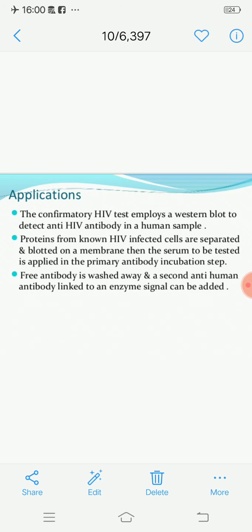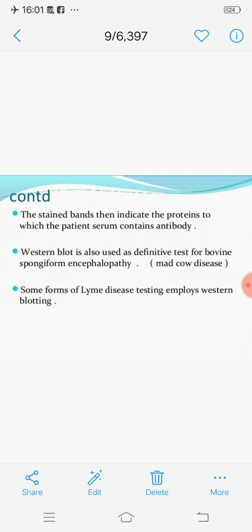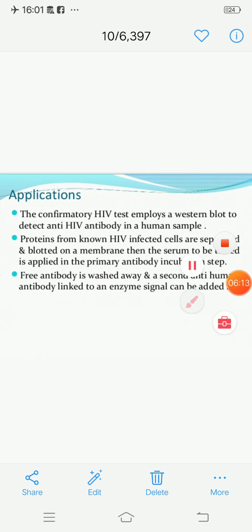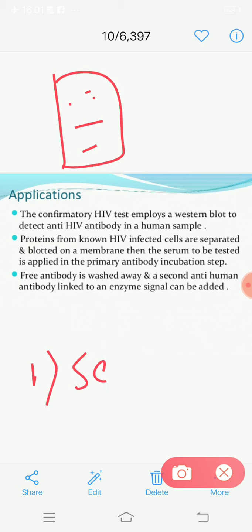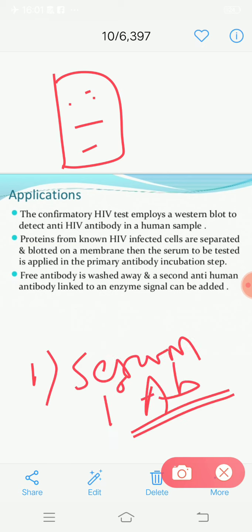Let us see if the patient is HIV negative. Suppose this is your nitrocellulose membrane, and this much of band you get, and the person is HIV negative. You take the serum of that person and apply it as a probe on this membrane, in which the primary antibody is present, which is anti-HIV antibody.